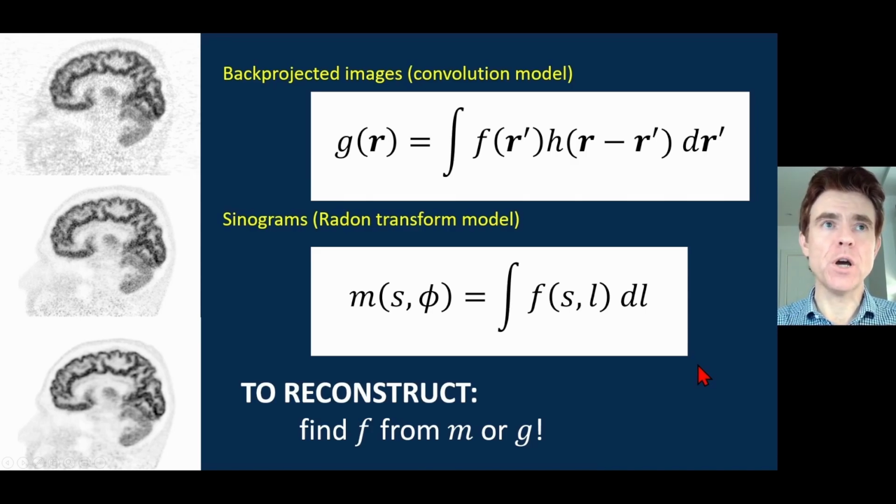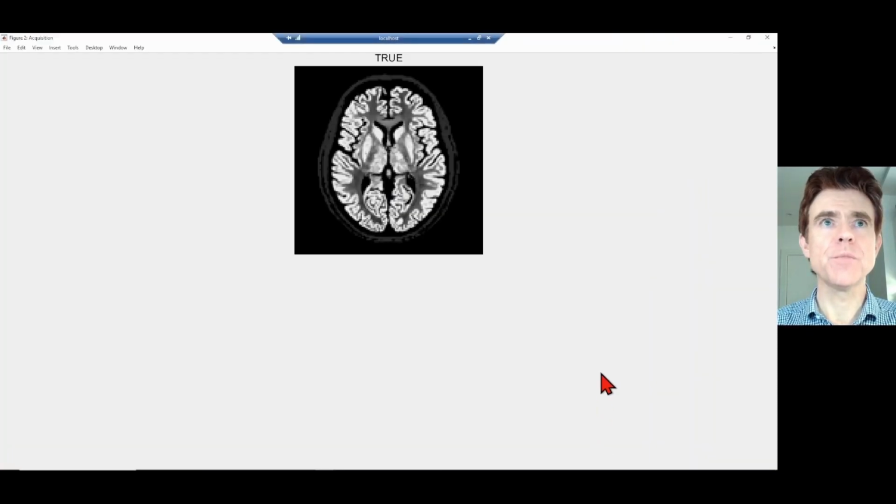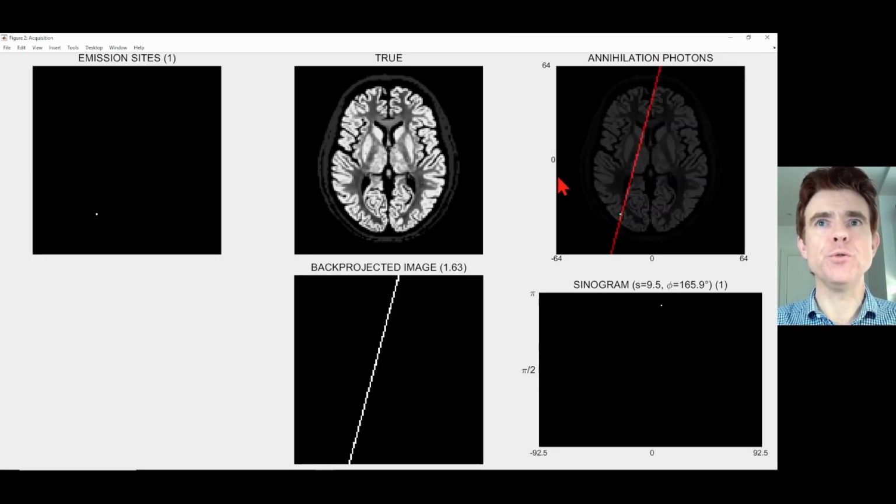I'll finish though by showing a good demo of the acquisition process that we've been looking at. So let me just change to a simulation here now. Here is that BrainWeb phantom that you saw earlier. What I'm going to do now is show you an animation, a simulation live of what is going on there.